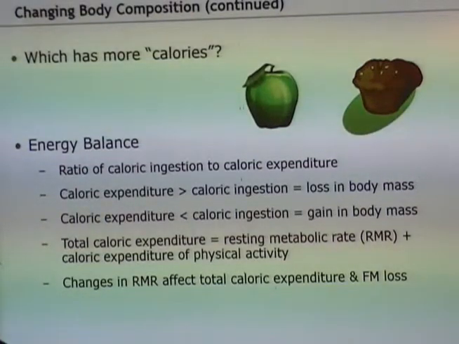Fat-free. Let's say it's a fat-free banana muffin. Muffin has more calories? I don't know. Who's voting for the muffin? Who's voting for the apple? Oh, same. Apple? Oh, both, okay. Muffin? Yeah. Both the same.